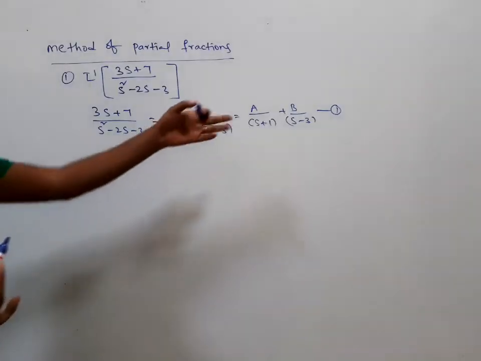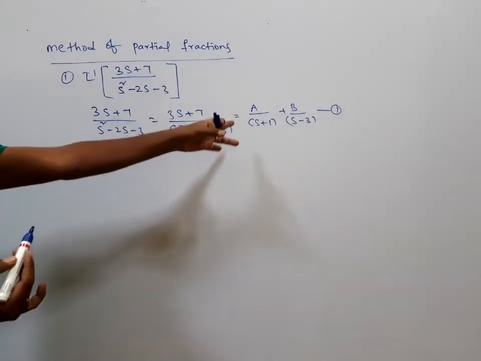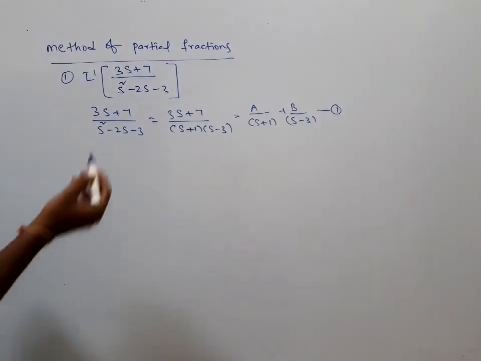Now you take out the LCM and cancel, and you can write 3s plus 7 is equal to A into (s minus 3) plus B into (s plus 1). That is one way.